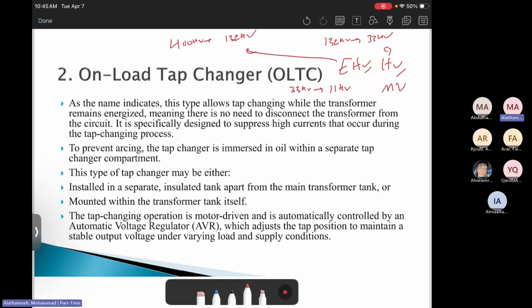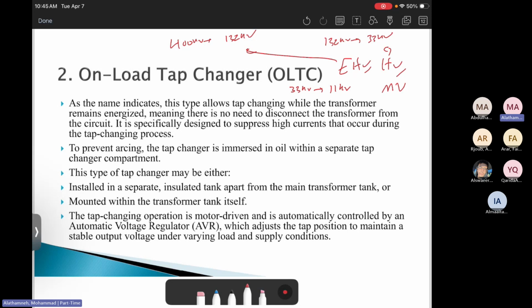What do I mean by on load? It automatically increases and decreases the step size. It has the capability of monitoring the voltage. Once we see the voltage is getting reduced and reduced, this means there is a heavy load. Then the tap changer starts working to maintain the voltage level at 33 kilovolts.